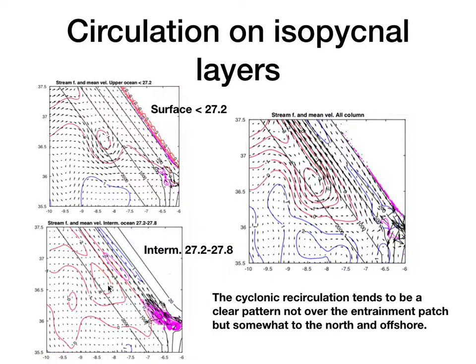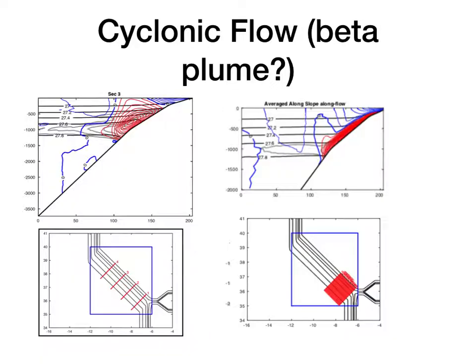So if this is the whole water column, and this one is the intermediate layers between 27 and 27.8, we see the cyclonic flow here already clear away from the entrainment zone. So if we go back to these sections, that's what we see. It's much clearer already away from the strait. Anyway, close to the entrainment zone, we see it start developing.